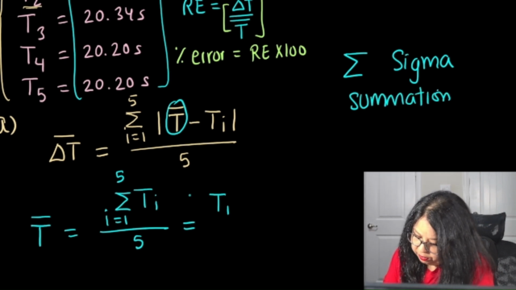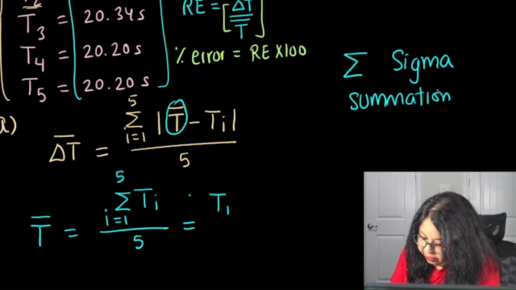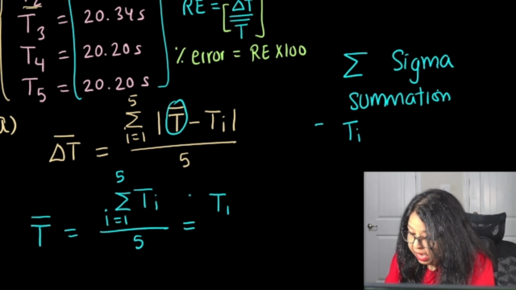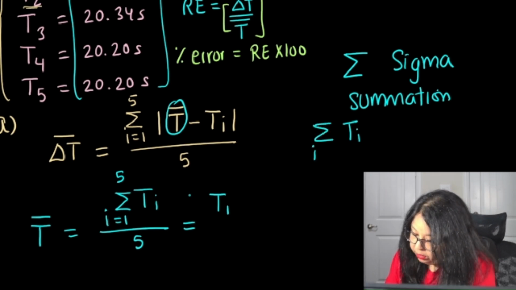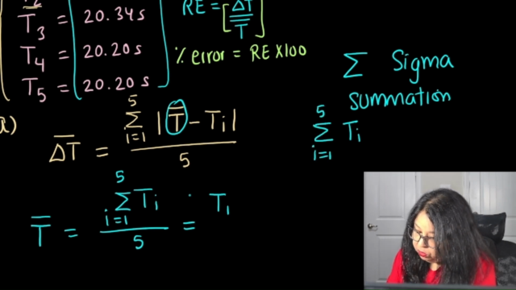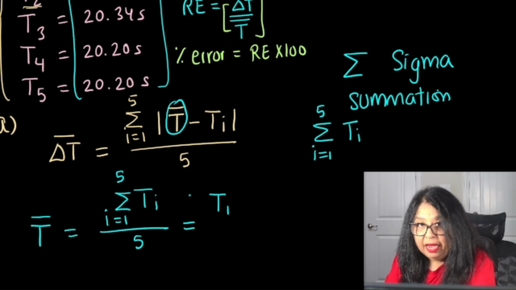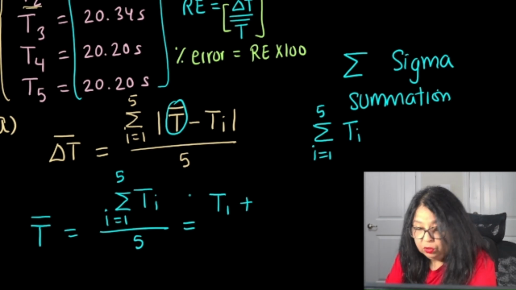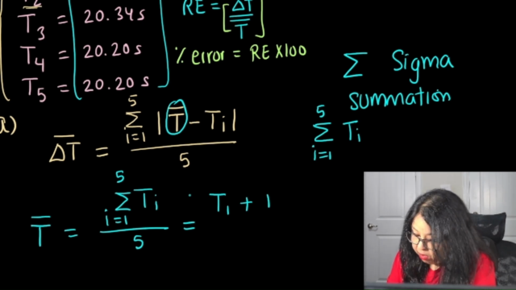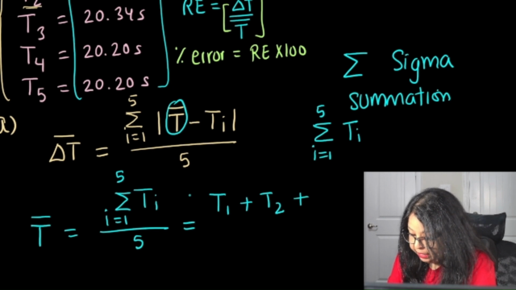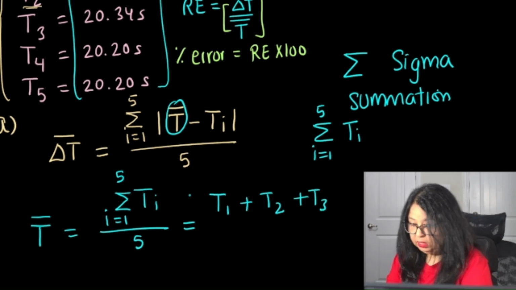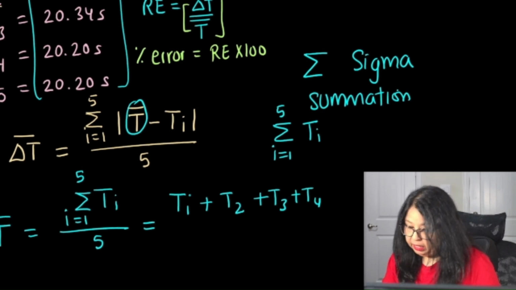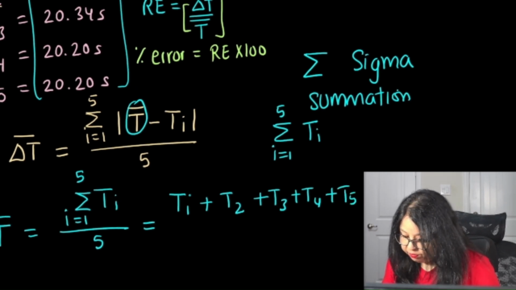So what we are doing here is this i here, I'm writing as Ti. i is a variable. i will run from 1 to 5 here. So I'm summing this Ti. What it means is that the sum is equal to T1 plus, now i is equal to 2, next i is equal to 3, then it is equal to 4, next it is equal to 5.